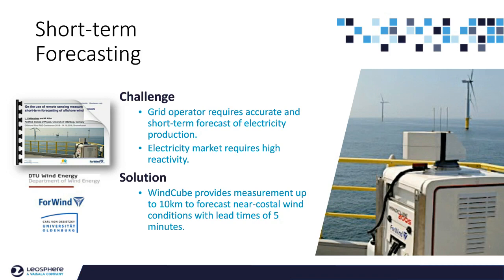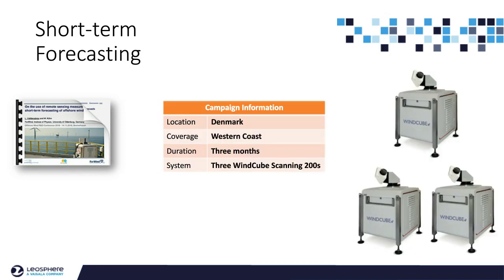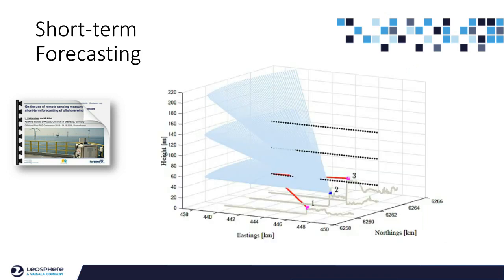So this was a campaign done by the University of Oldenburg, ForWind and DTU as well. In this case, they installed 3 WindCube scanning 200S for 3 months for a campaign on the western coast of Denmark. They installed the 3 systems in a near-coastal area.